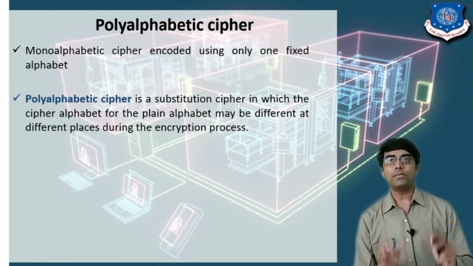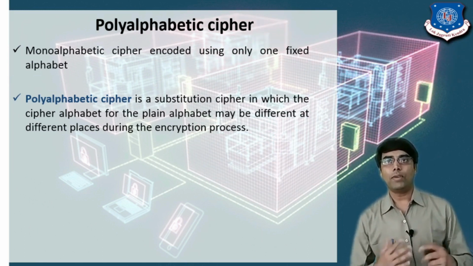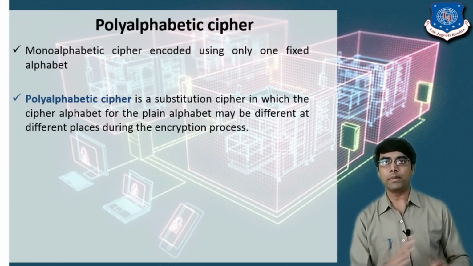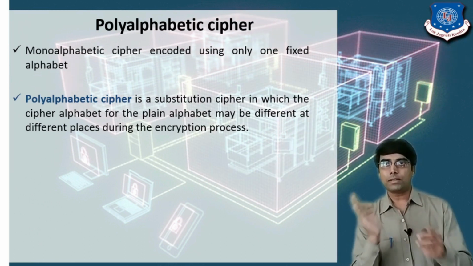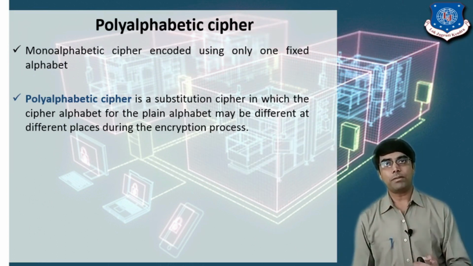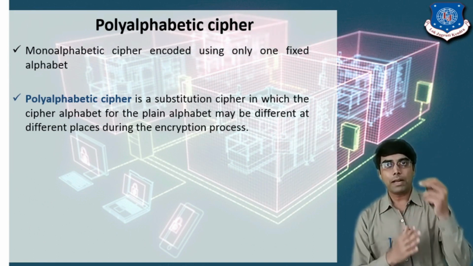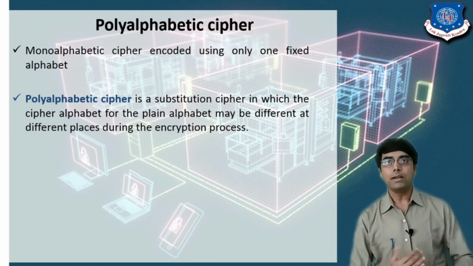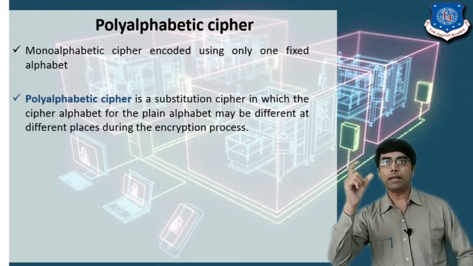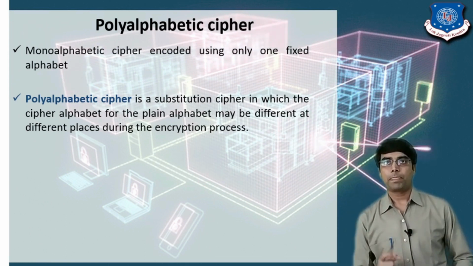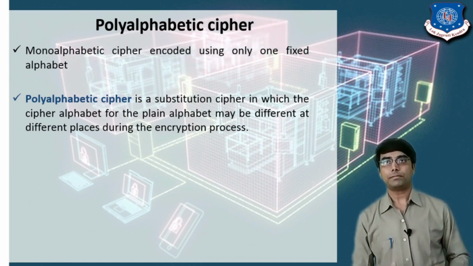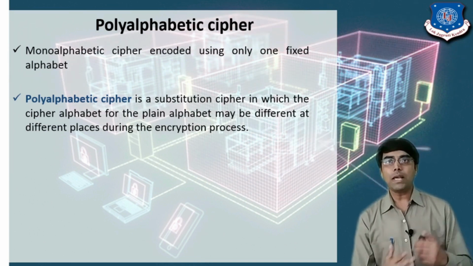If we consider the plain text A B C D up to Z, the first plain text letter A has the ciphertext letter Y, and the second letter B has the ciphertext value G. So the ciphertext is fixed for a particular plain text message.